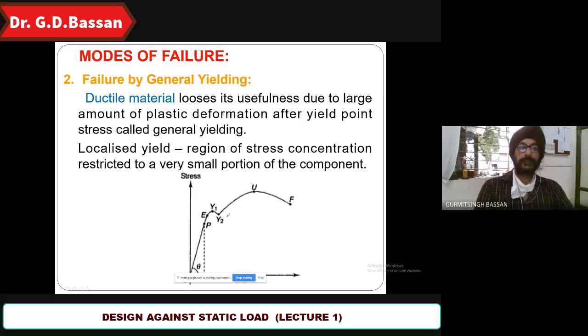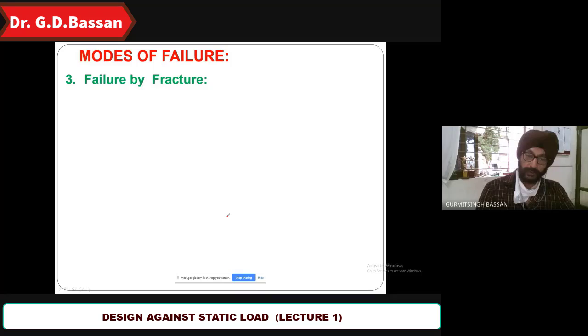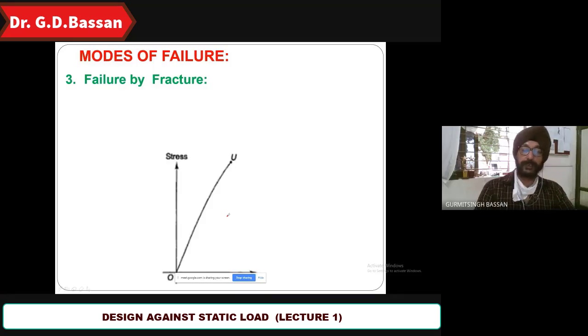Now the third failure, failure by fracture. All of you know the stress strain diagram for the brittle material also. So this is the stress strain diagram for the brittle material.